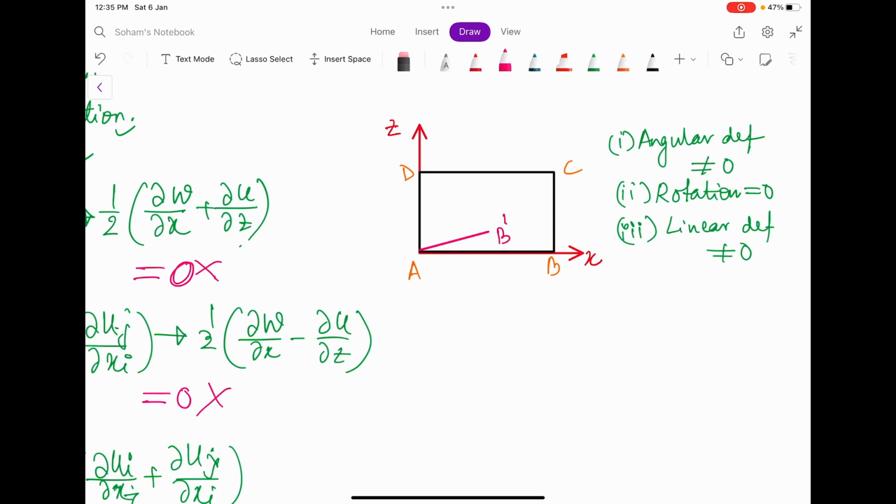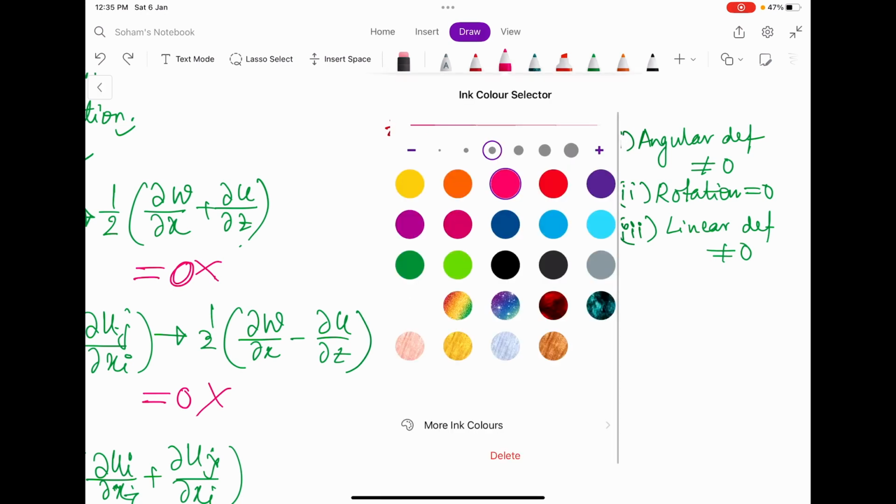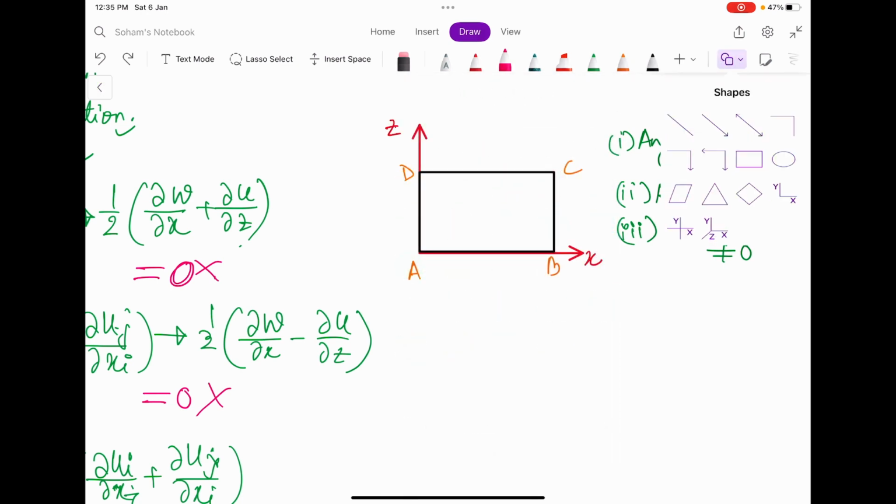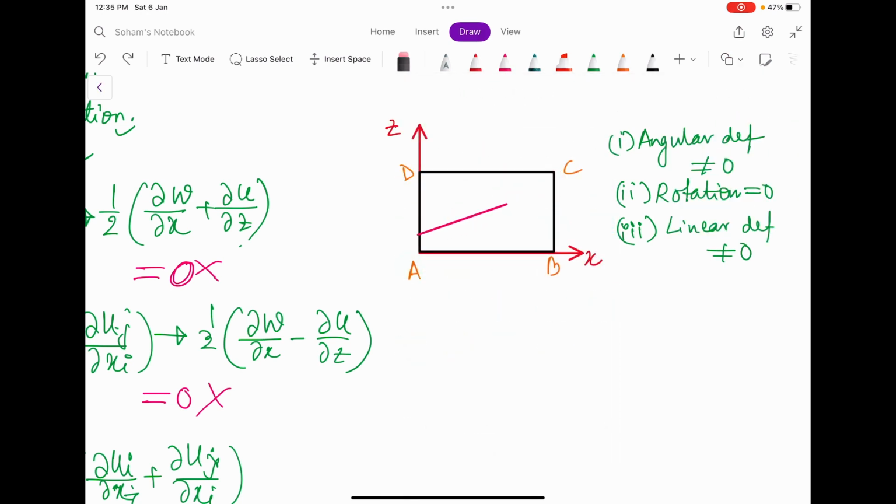Now after linear deformation, maybe a point has moved to here. Another option is that maybe I am having my line now here, and maybe this AD has become like this.